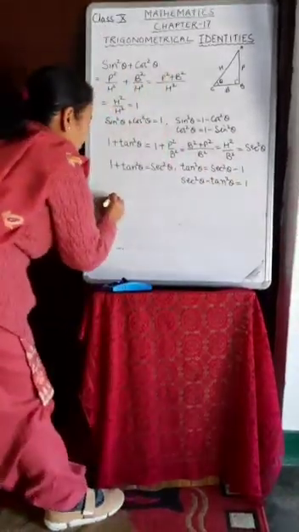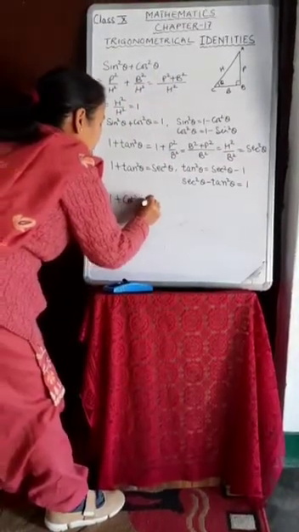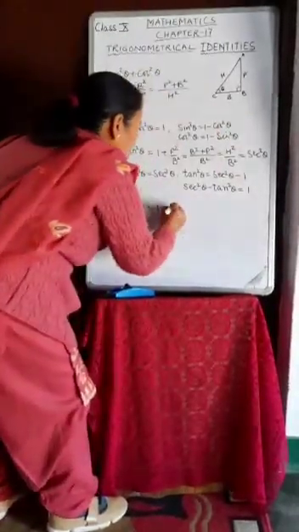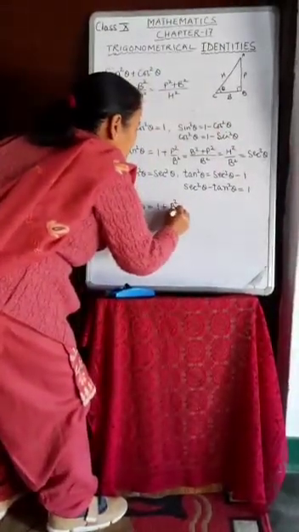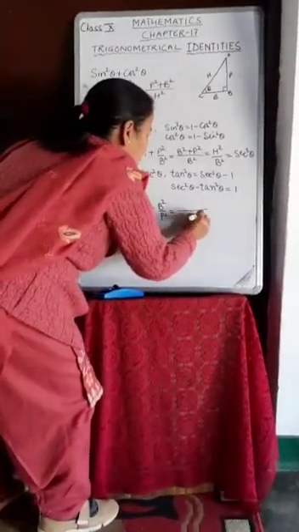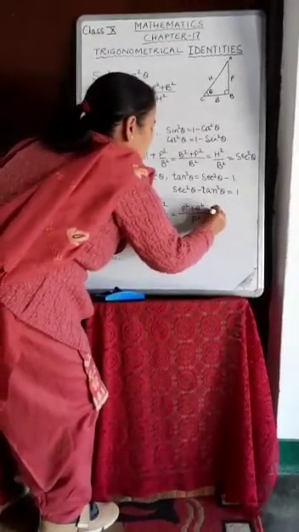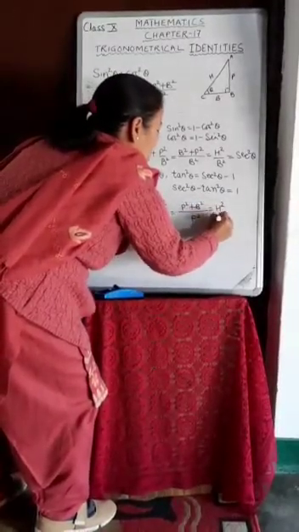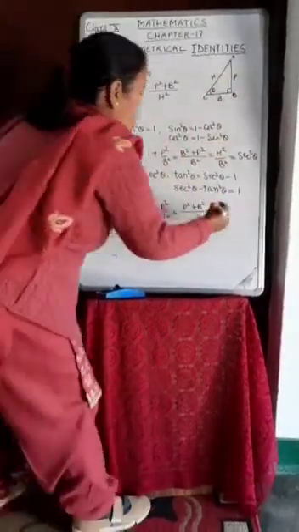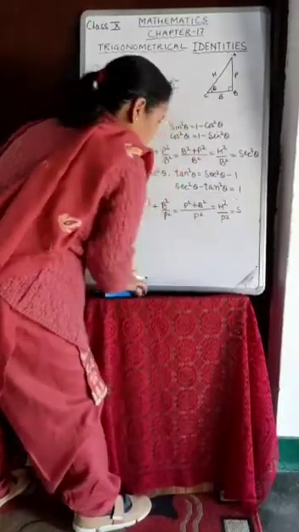Another thing, 1 plus cot square theta. Cot theta is B upon P, so this will be 1 plus B square upon P square. If we take the LCM P square, it becomes P square plus B square, which is equal to H square upon P square, and H upon P is equal to cosec.